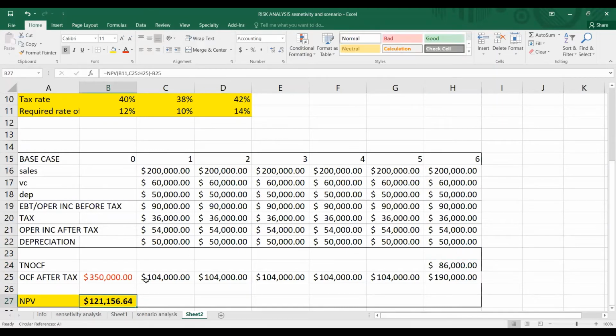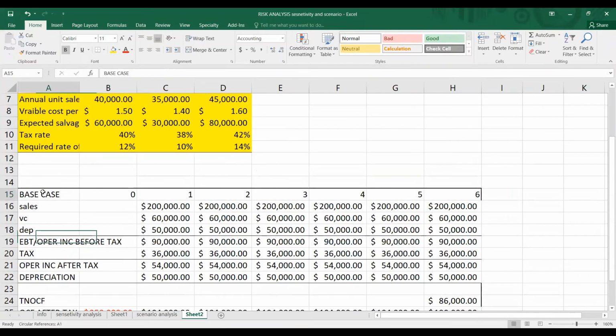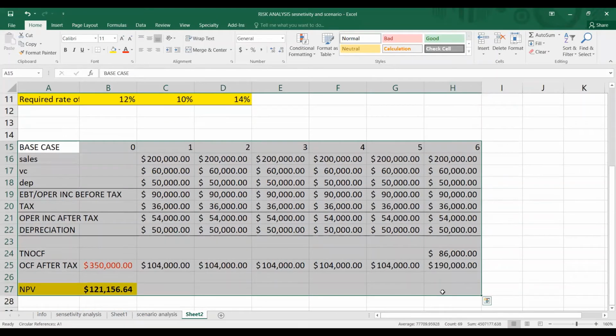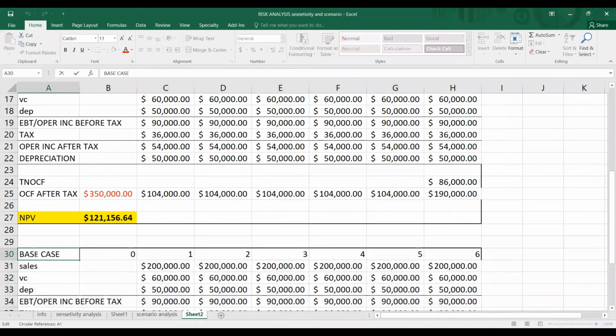This is the base scenario. I mean, the scenario with stable conditions, where there are no changes: the economy doesn't boom, the economy doesn't go down, and everything goes under the stable condition. Now we will create a second scenario, which is the worst case.